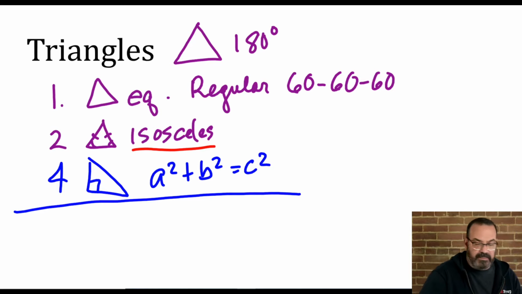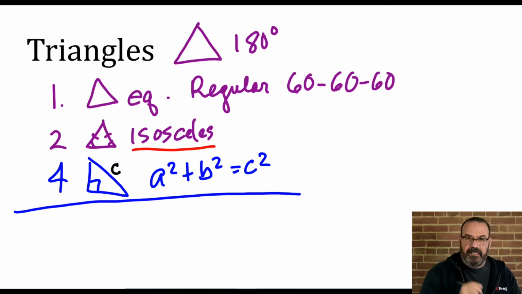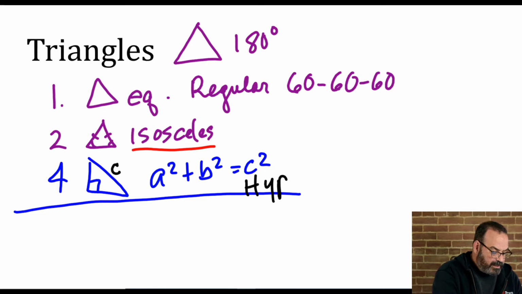Almost everything else they test about triangles are right triangles, and I'm going to add a page and do special right triangles. But the one thing to know, particularly about a right triangle, is that the hypotenuse is the side opposite of the right angle. So the hypotenuse is definitely fair game on the test.